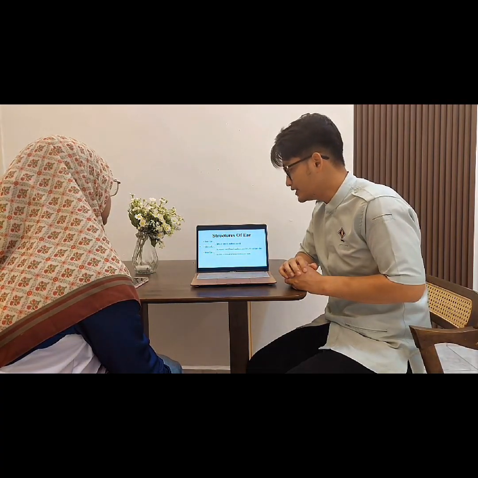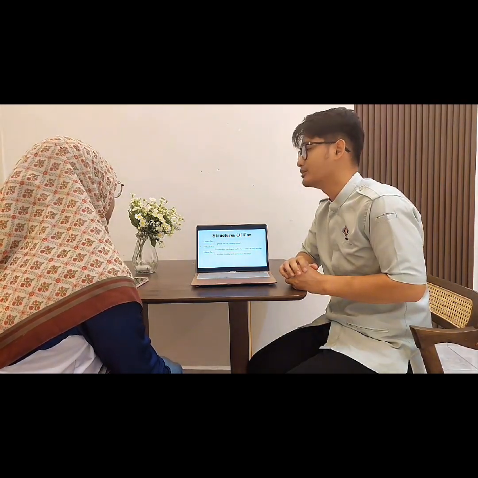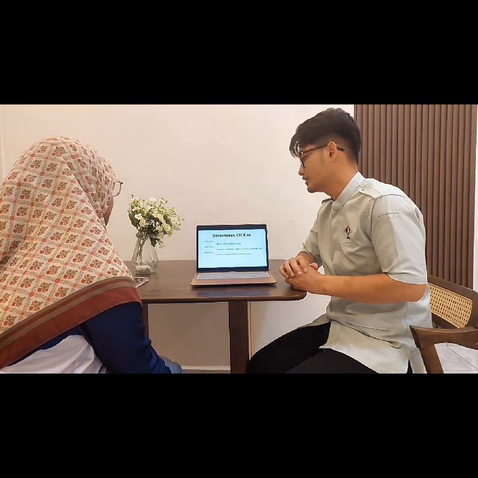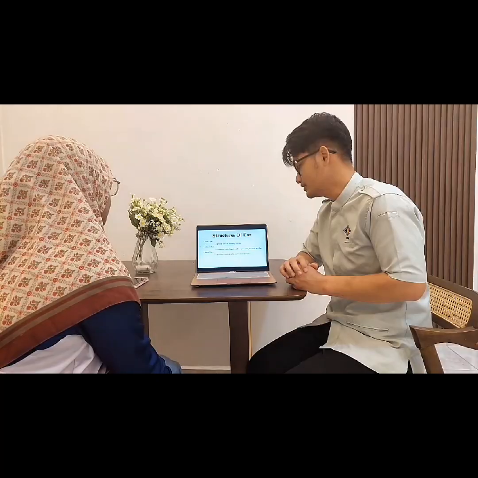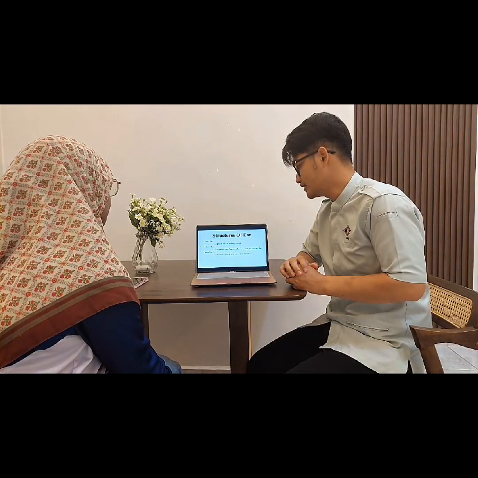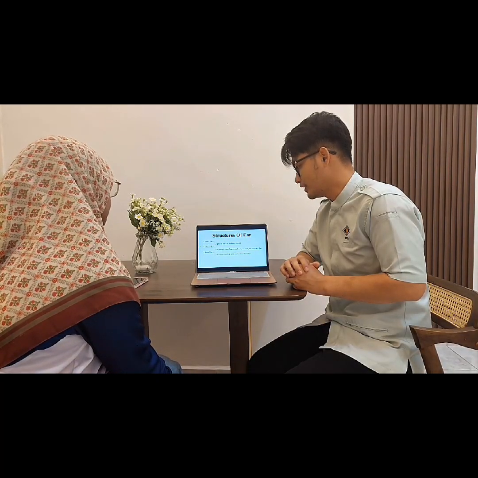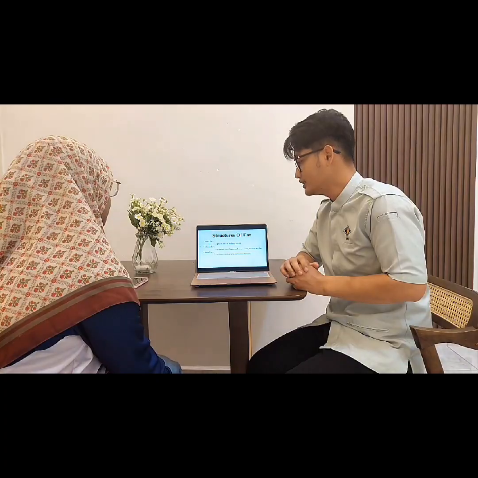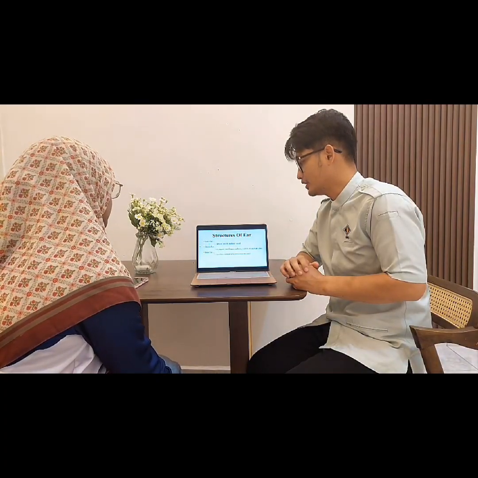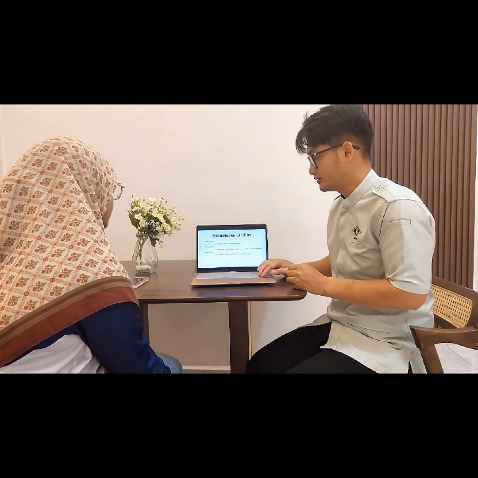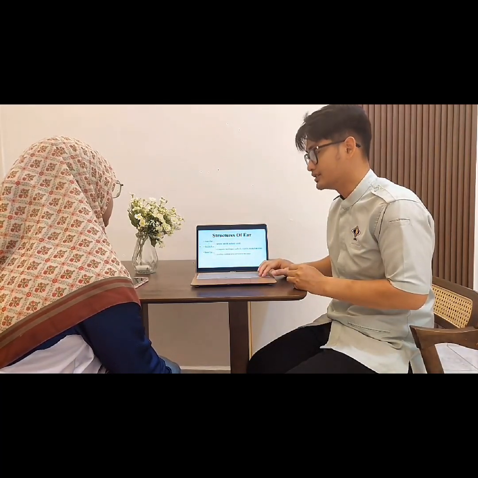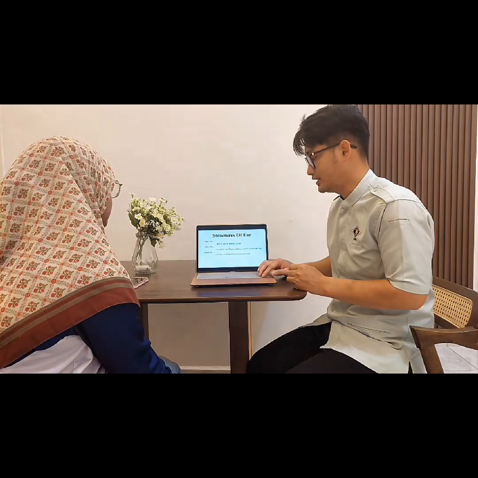For the middle ear, we have the tympanic membrane, or we call it the eardrum, the ossicles, the 3 tiny bones, and the eustachian tube. For the inner ear, we have the cochlea, vestibular nerve, and the semicircular canal. Okay, so those are the 3 parts of the ear.